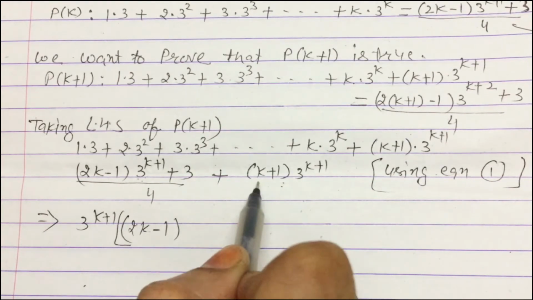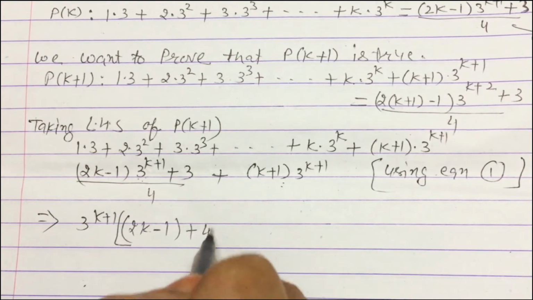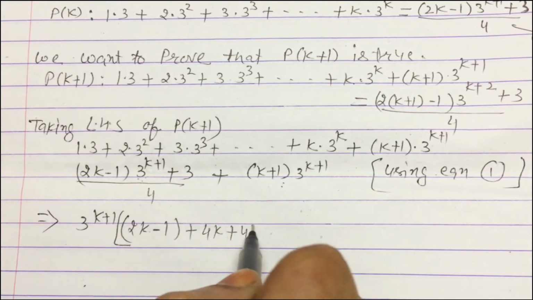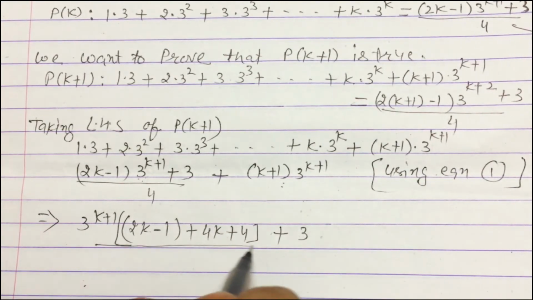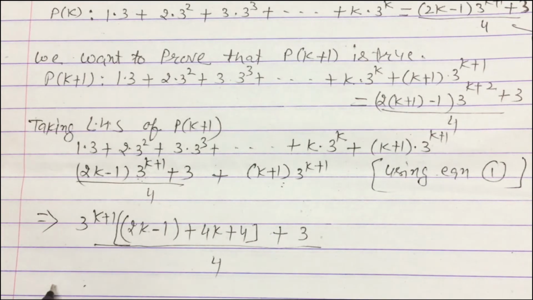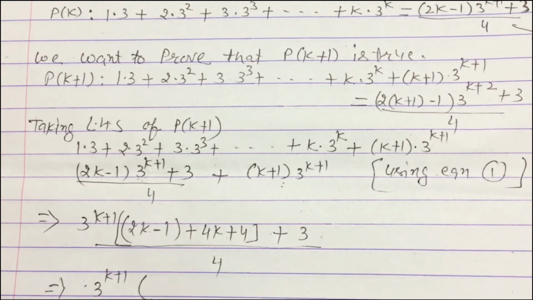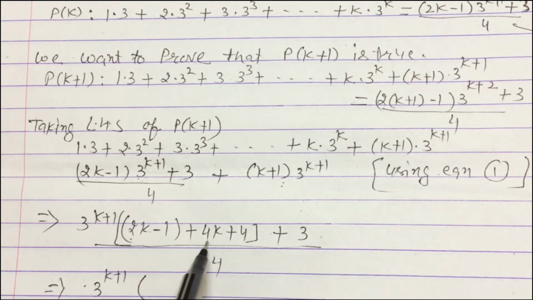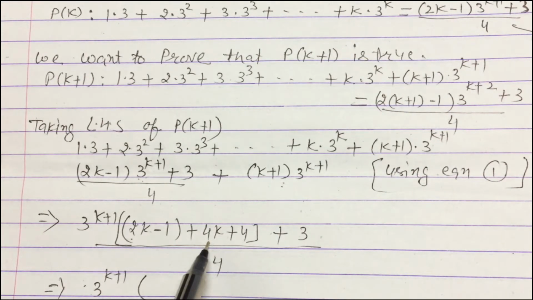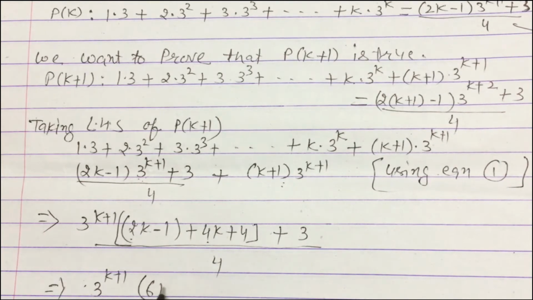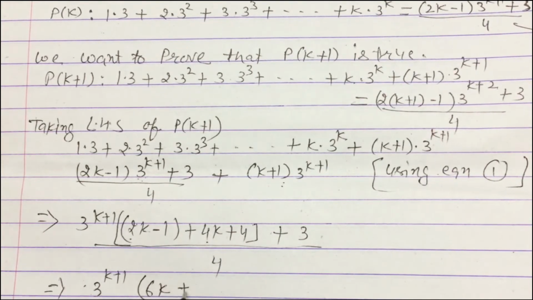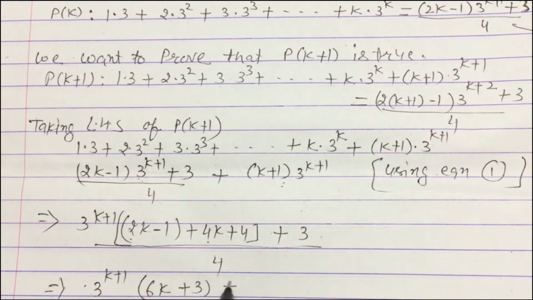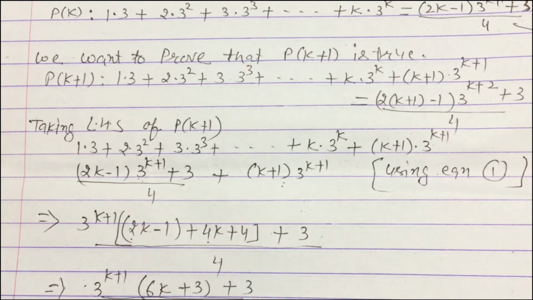And from here 4 is the LCM, so plus 4k plus 4, and here it is 3 by 4. Next step, you will get 3 raised k plus 1, and here it is 2k plus 4k, so it is 6k. Okay. And here it is 4 minus 1, so you will get 3. Now here 3 by 4.